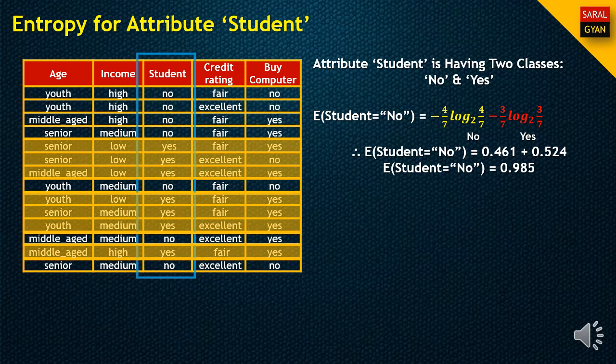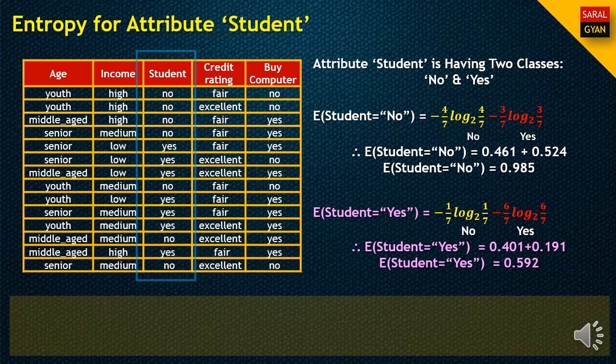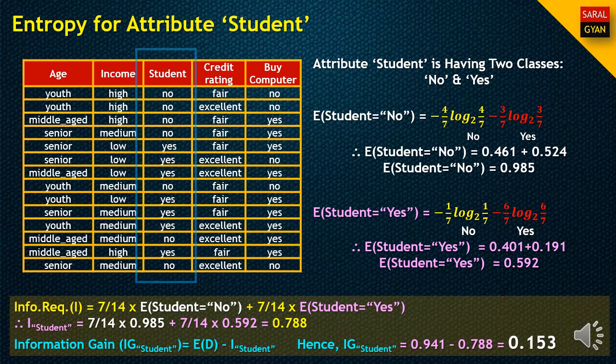Similarly, when student equal to yes, then only 1 no is there and the rest are yes. So 1 by 7 log 1 by 7 base 2 minus 6 by 7 log 6 by 7 base 2, and the entropy for student equal to yes is 0.592. And we can calculate the information gain. It is equal to 0.153.